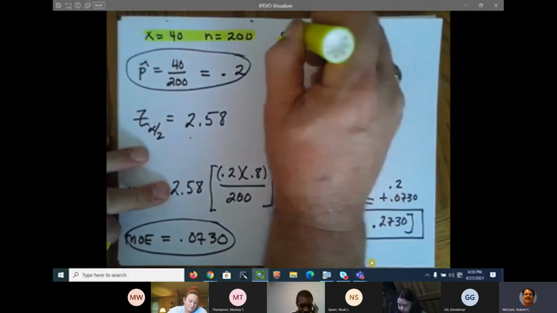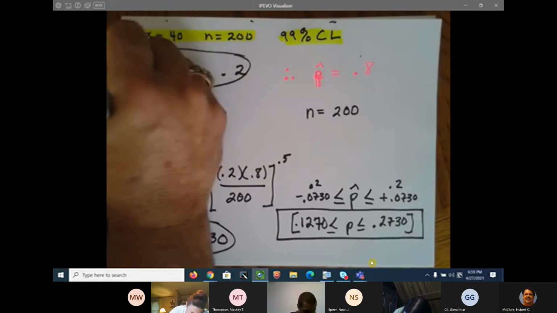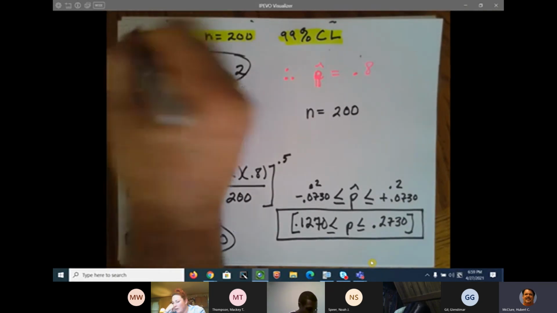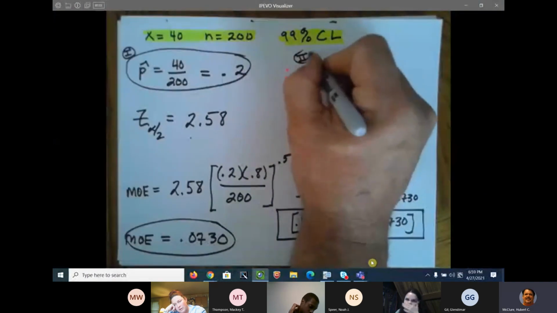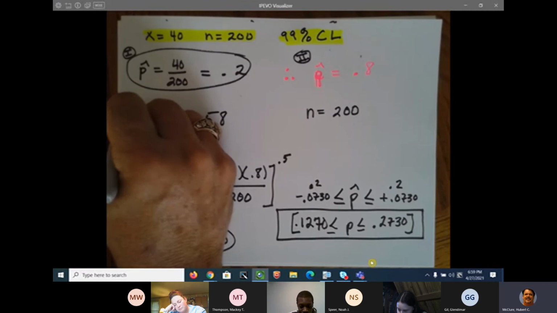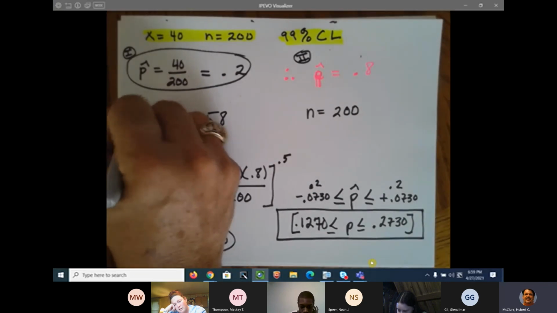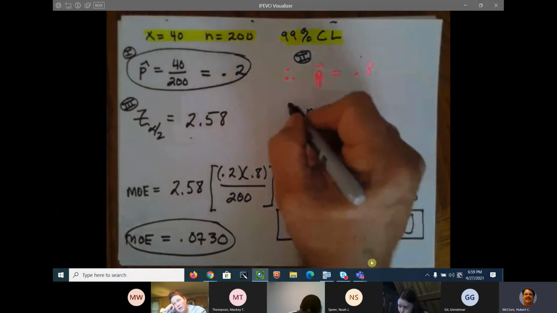First thing you did is you found P hat. Second thing you did is you found the complement. Third thing, you looked up your index card. And the fourth thing is you wrote down N just so you'd have it.